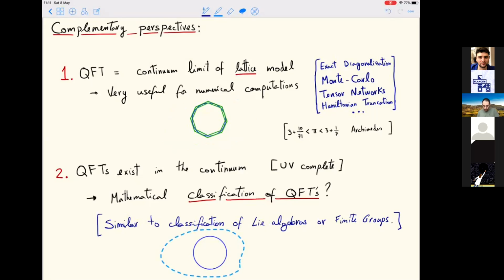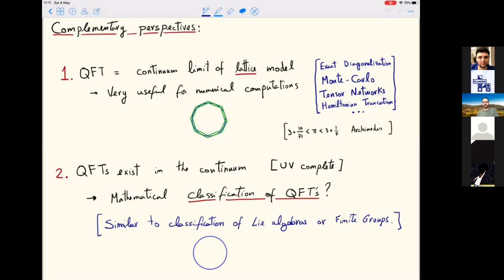The work for the future and the ongoing work is to try to come up with a mathematical definition that works directly in the continuum, okay? I say here, this is probably too advanced for you, Lie algebras and finite groups. Maybe some of you know this. In math, there is an analogous classification of objects that was successful in the 20th century.